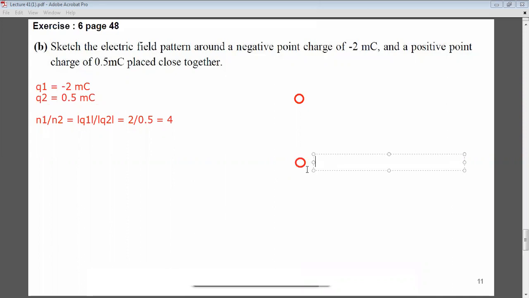Here is Q2, it's positive, and here is Q1, it's negative.